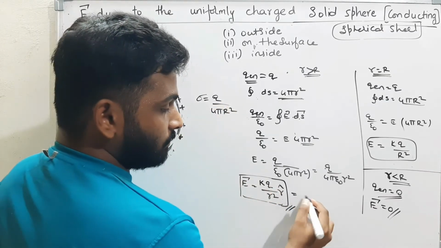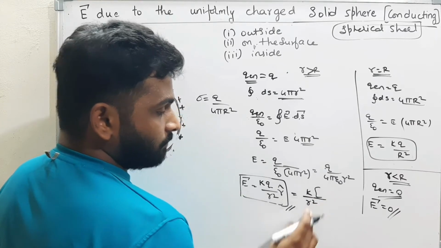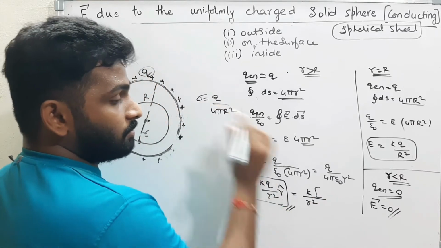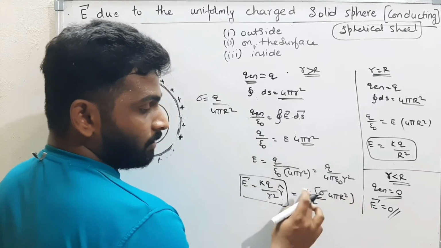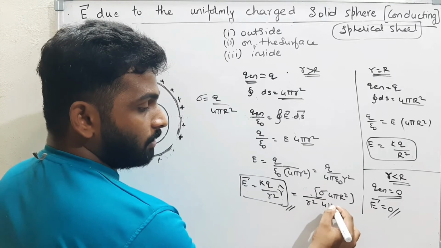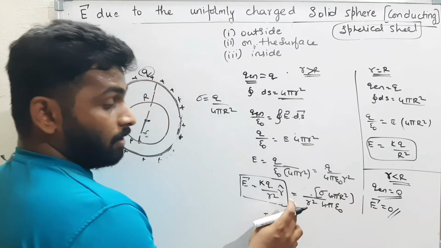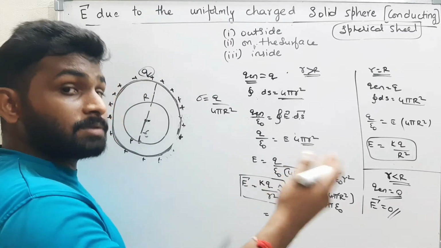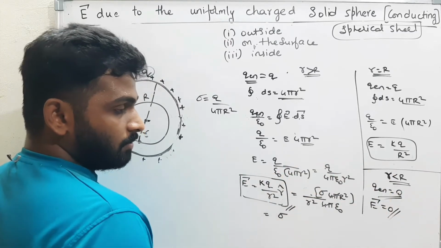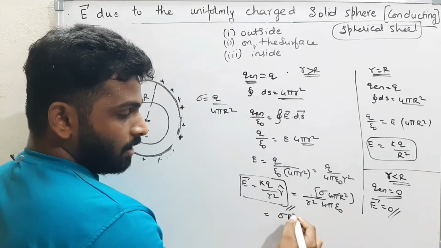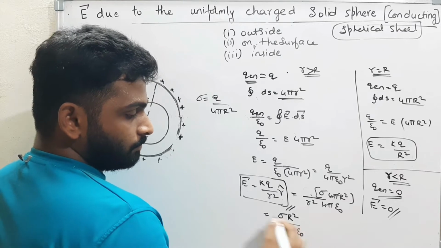If I write sigma, K by small r square, in place of charge I can write sigma into 4 pi capital R square. K is nothing but 1 by 4 pi epsilon naught, so 4 pi cancels out. If I want to write this electric field in terms of sigma, the surface charge density, then it is sigma capital R square by small r square into epsilon naught. That is the electric field.